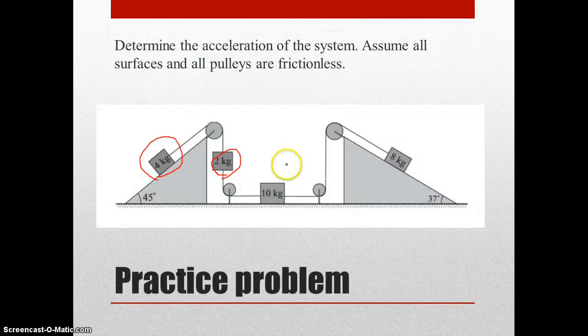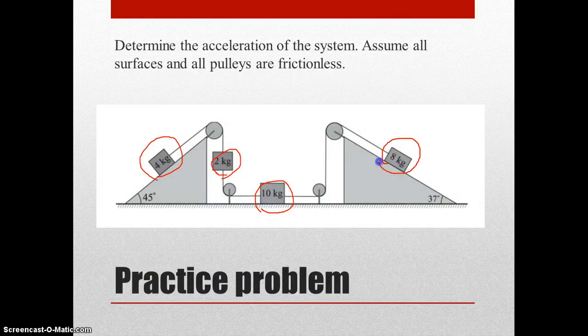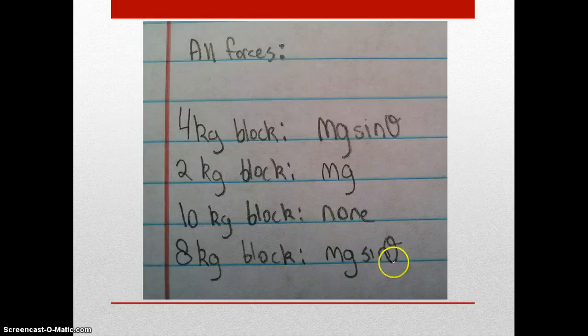The 10 kilogram block, which is over here, does not have any forces acting on it, since there's no friction. And finally, the 8 kilogram block, which is over here, would be mg sine theta, just as this was, except the mass and the angle are different.